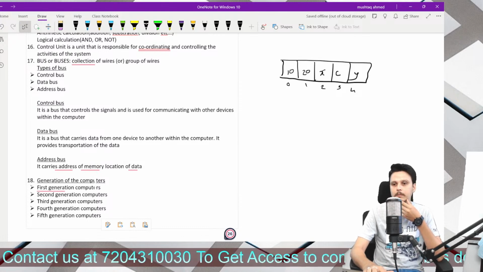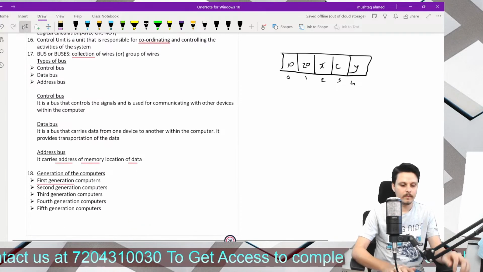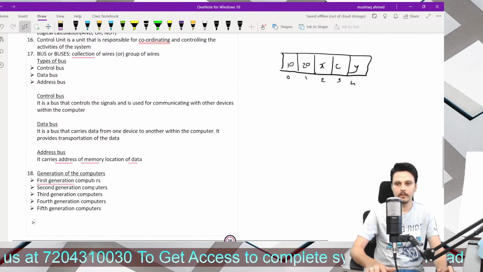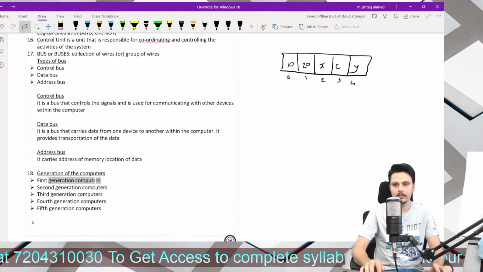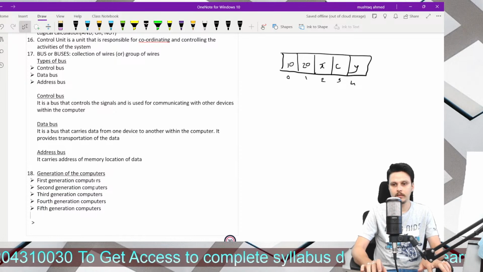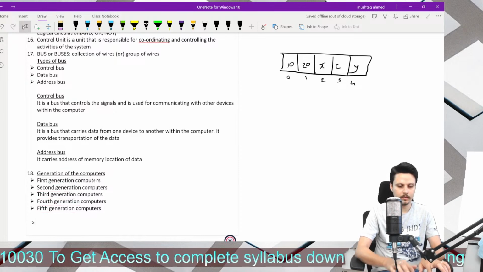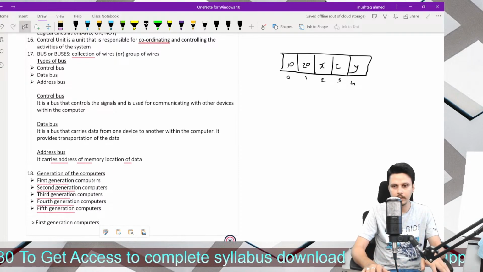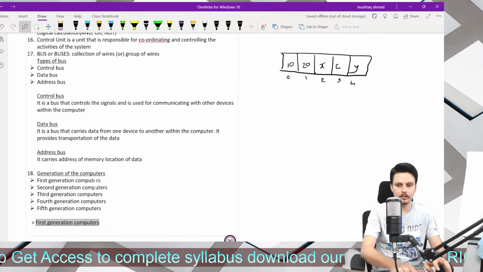So I will explain about first generation now. Generation of computers.